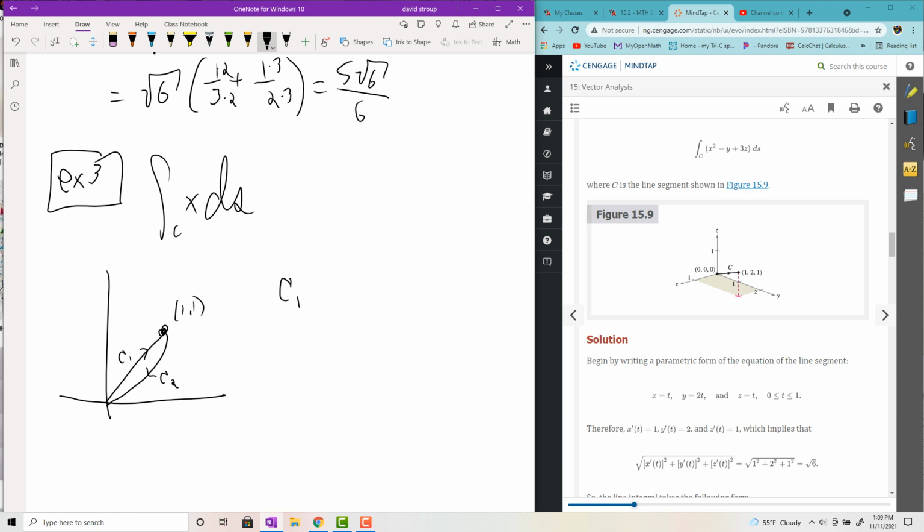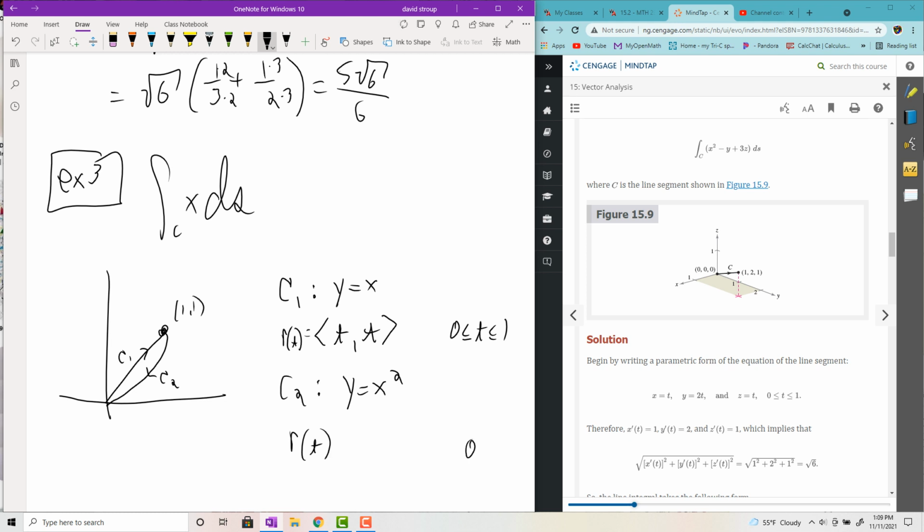So yeah, C1 is the curve y equals x. So I'm going to use r of t equals t comma t, and I'll just go from 0 to 1. And then for C2, I need to be a little bit careful, right? It's on the curve y equals x squared, but I'm going backwards.